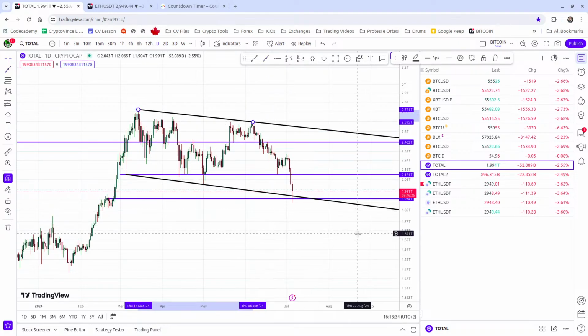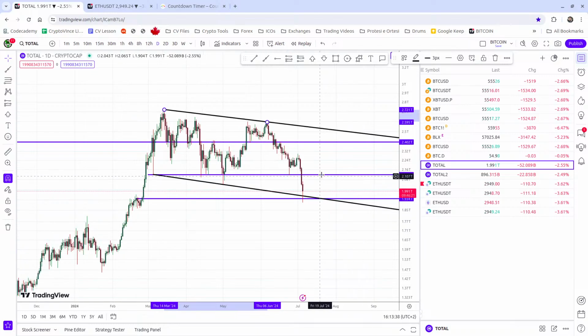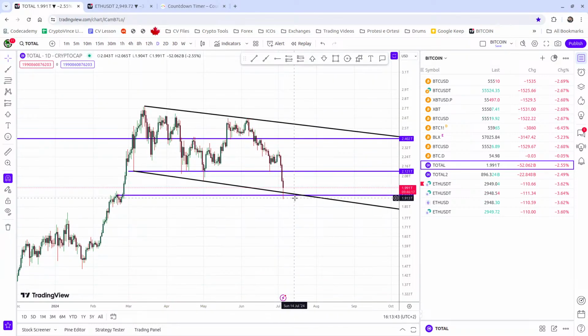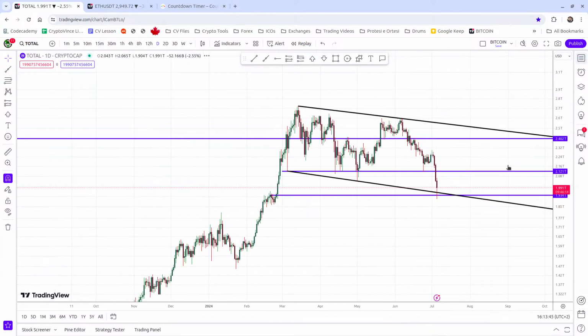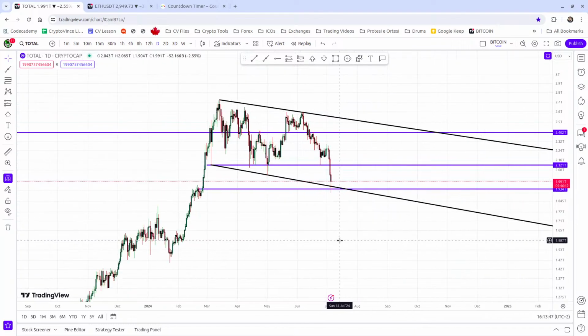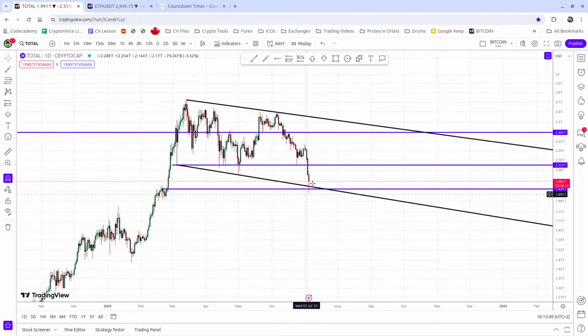On the total market cap. No, not ugly at all, eh? We could actually keep this as a test. If it breaks below the swing here and below the diagonal trend line, that would be really bearish.